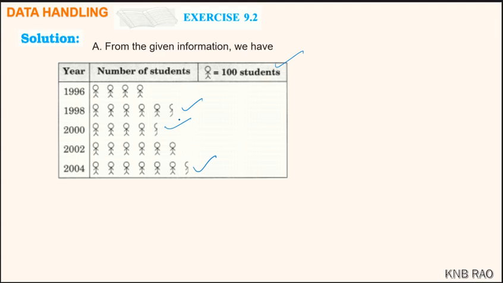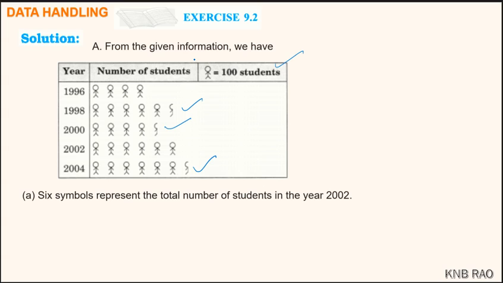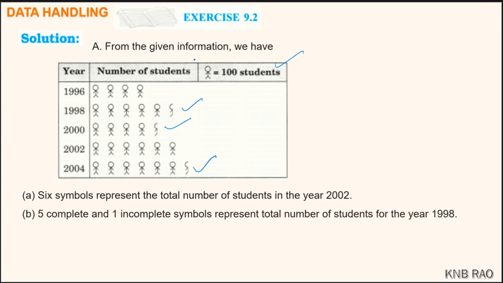It is difficult to represent 535. So, 6 symbols represent the total number of students in the year 2002 because 600 students are there, 100 per symbol. Then 5 complete and 1 incomplete symbol we use for representing the total number of students for the year 1998, that is 535.